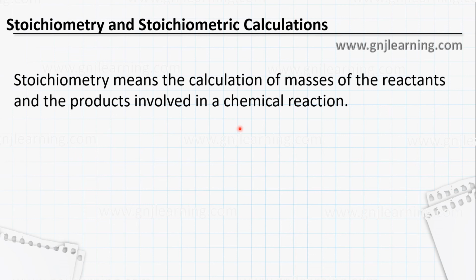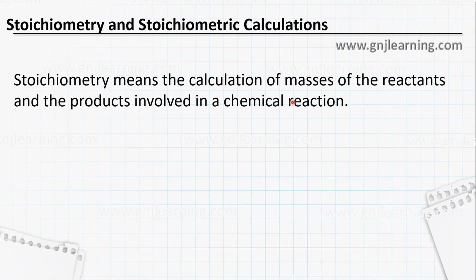From the laws of chemical combination we know that mass in a chemical reaction is neither created nor destroyed in most of the cases. So the masses involved in a chemical reaction can be either reactants or products.